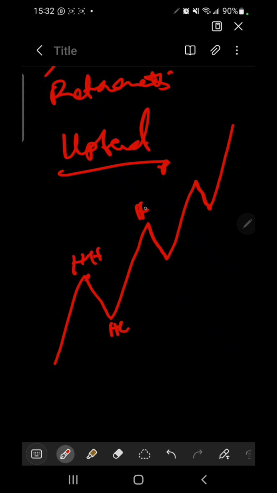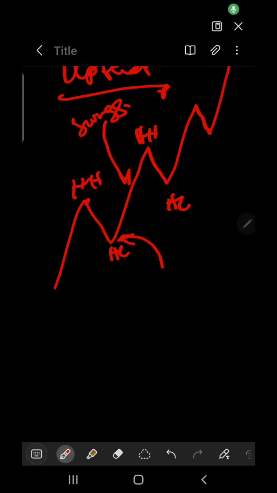We would want to make sure that the position at which we enter the market is the lowest, when the market is just finishing the retracement, so that we can ride the swings. Ladies and gentlemen, this means that every time you see an uptrend, you're going to have to wait for the retracement to happen before you can enter the market.